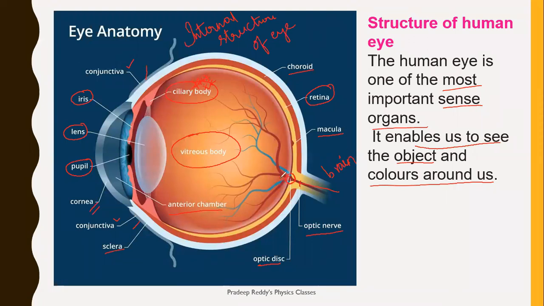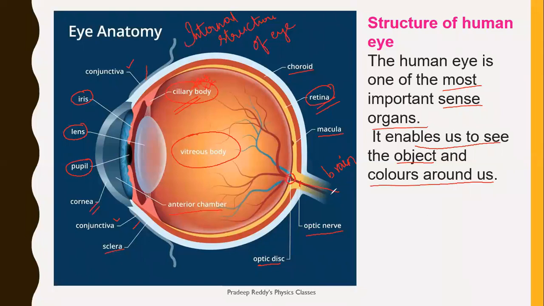Of course, all these terms you should learn by heart in biology, but in physics you need not. Only a few terms like retina and ciliary body and iris, lens, pupil. These terms are very important for us in dealing with optics.